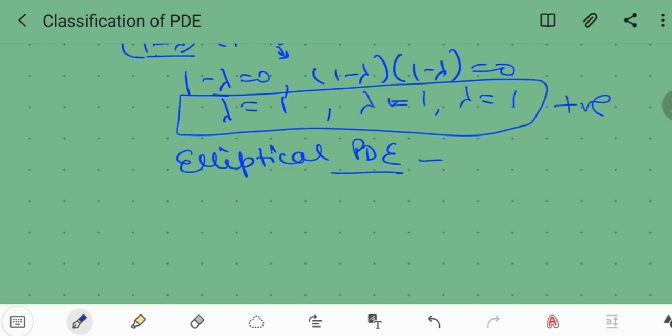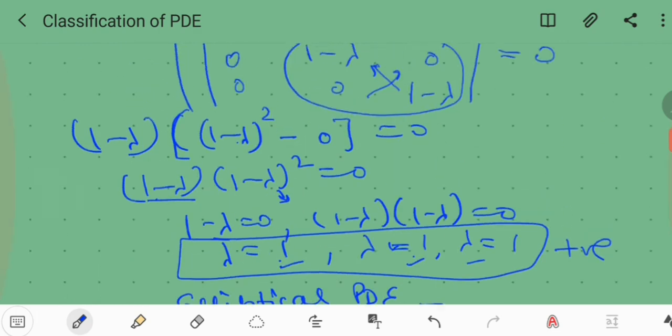In this way you can classify a particular partial differential equation just by looking at it. If any one of them is 0, then it would be parabolic, and if they are a mixture, like plus 1, then minus 1, or 1 minus 1 1, something like that, then it would be hyperbolic, right? So this is how you can classify the partial differential equation.